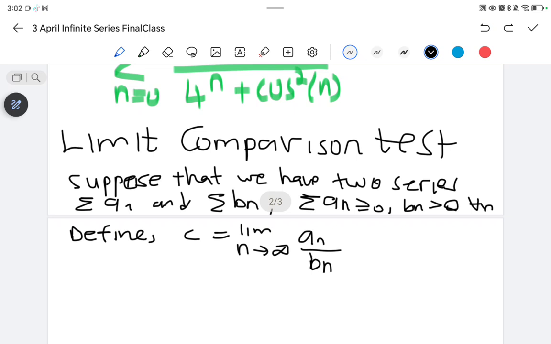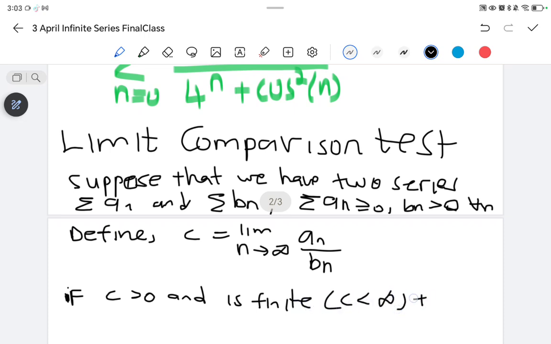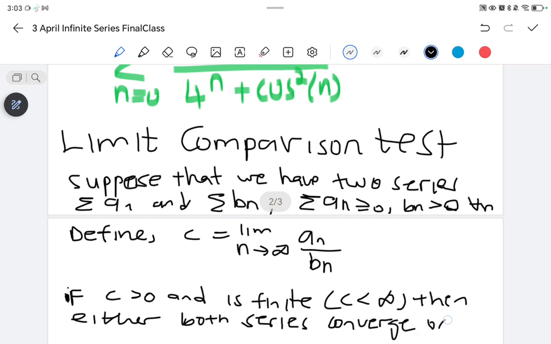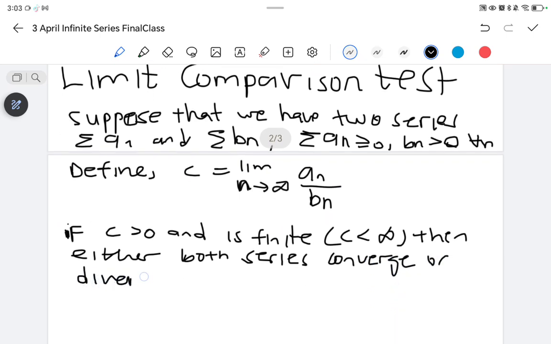Now, to check for convergence, we can say that if c is greater than 0 and is finite, which means that c is less than infinity, then either both series converge or both diverge.